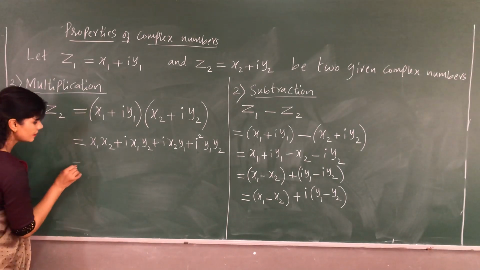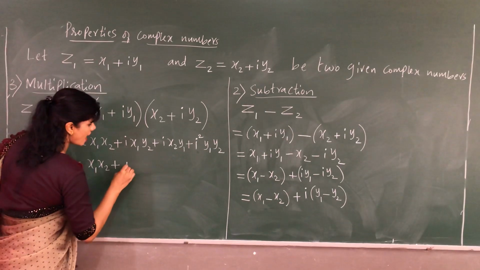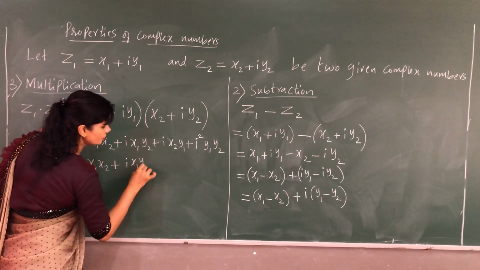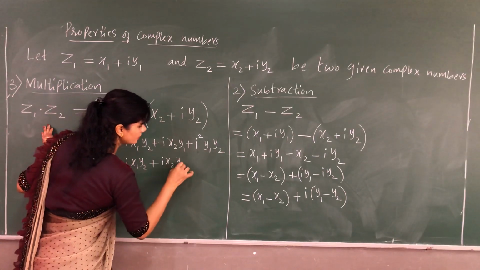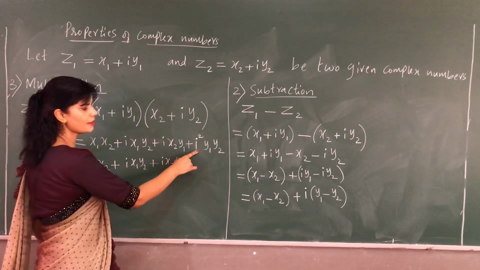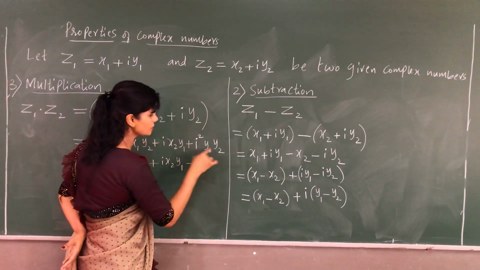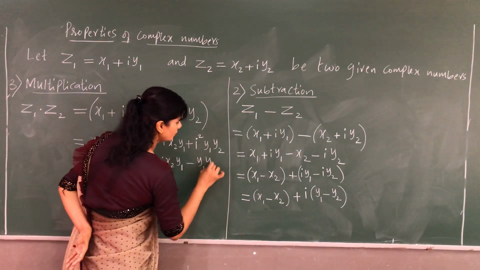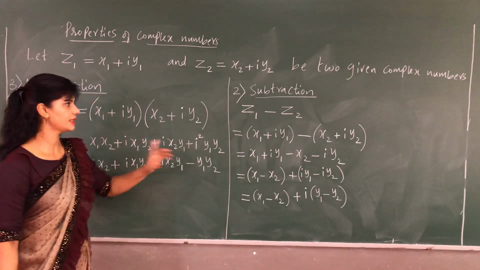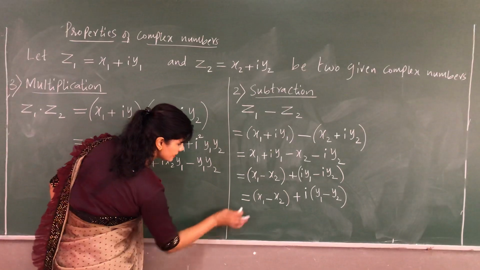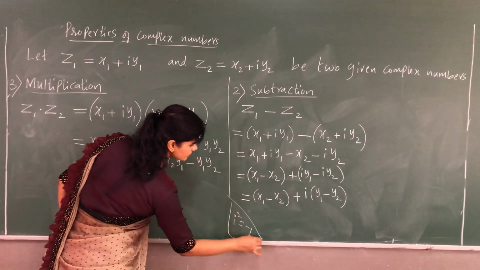So I get x1 x2 plus i x1 y2 plus i x2 y1. Okay students, I'll replace i square as minus 1: plus into minus 1 is minus 1 into y1 y2. i square became minus 1, children, all of you. i square value is minus 1, remember this.